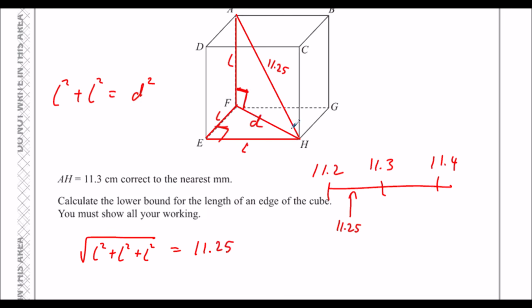And for the one up here, the one with 11.25 in, L squared plus the diagonal squared equals 11.25 squared. So the diagonal squared is L squared plus L squared, so we can change that into there. So it's actually L squared plus L squared plus L squared equals 11.25 squared.